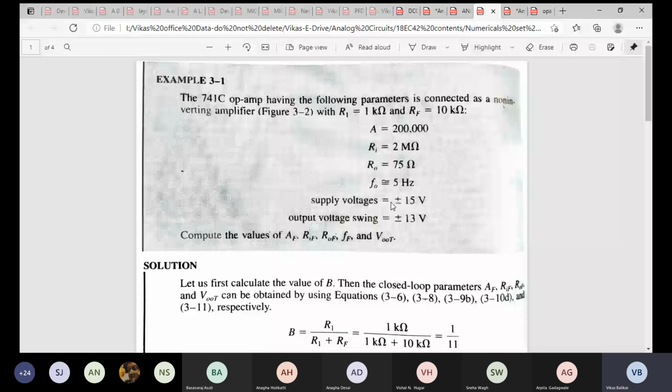Now suppose I give an input of 1 millivolt, and I give the gain as, let's say, 1 million, and I'm expecting an output voltage of somewhere around 100 volts.